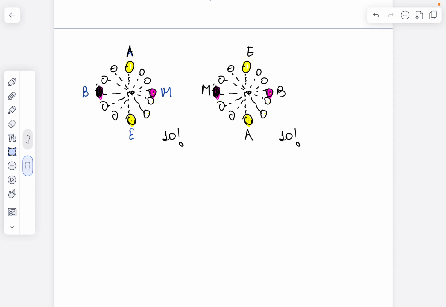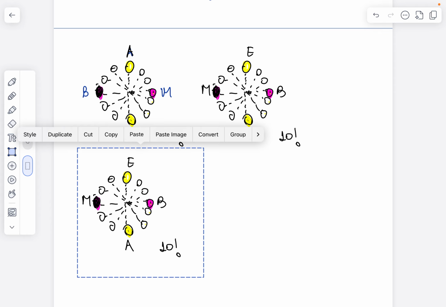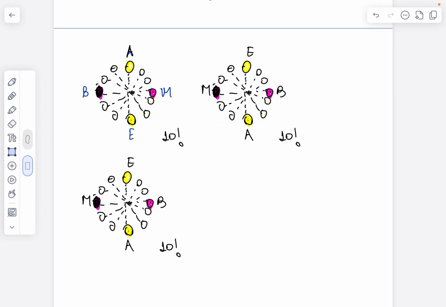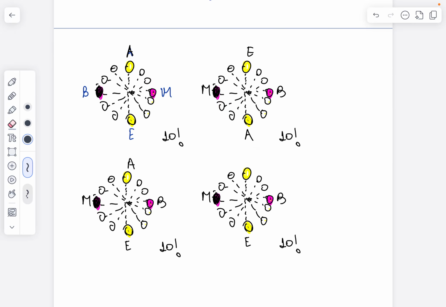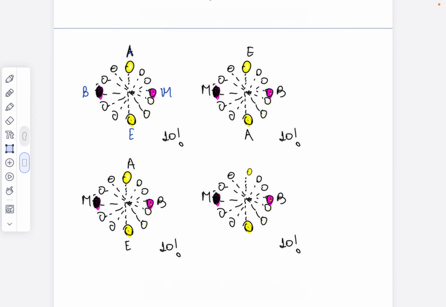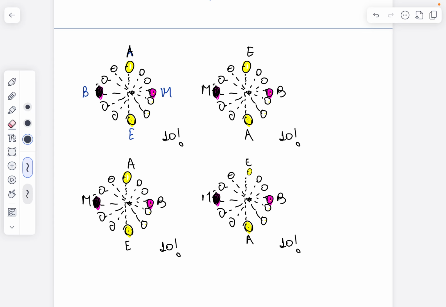But I could also flip again. I could flip, and I'm going to do this entirely. So I could do AE and MB. And finally, I could do EA and BM, okay? So we have 4 chairs permutating, like the four constraints permutating.